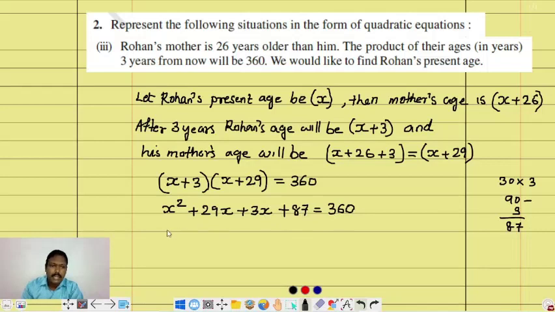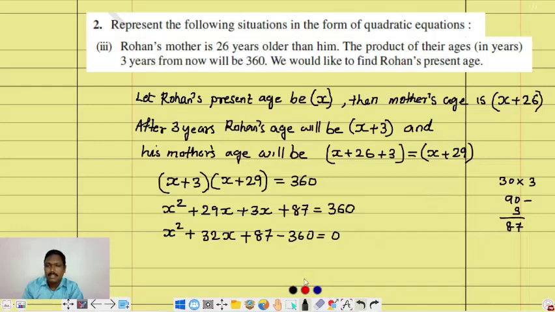Now we can rearrange it. X squared plus 29 plus 3. What is 29 plus 3? It will be 32x plus 87 minus 360 is equal to 0. Now what is 87 minus 360?